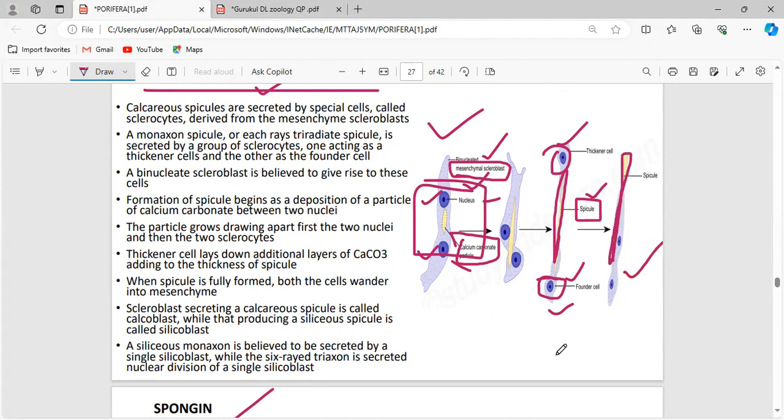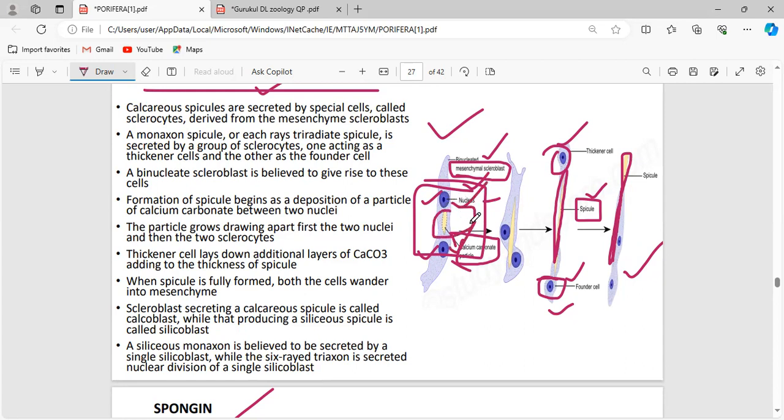So what you have to remember is, this scleroblast is a binucleate structure. Initially, between these two nuclei, the spicule will be present.